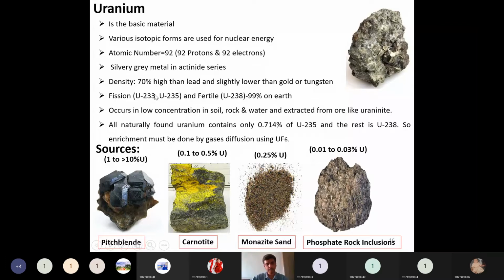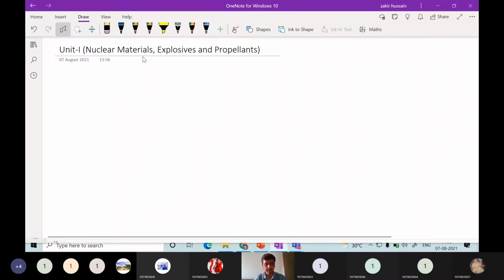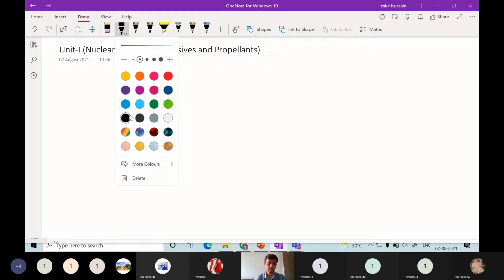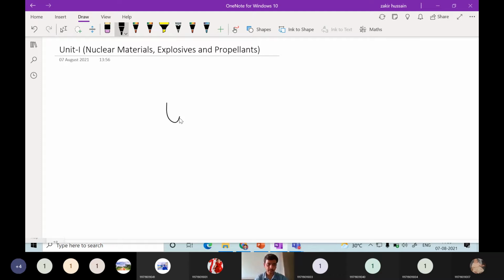What is this U-233? Let me explain. Generally, the uranium metal is represented using U. Take 235, for example, with 92 below it.